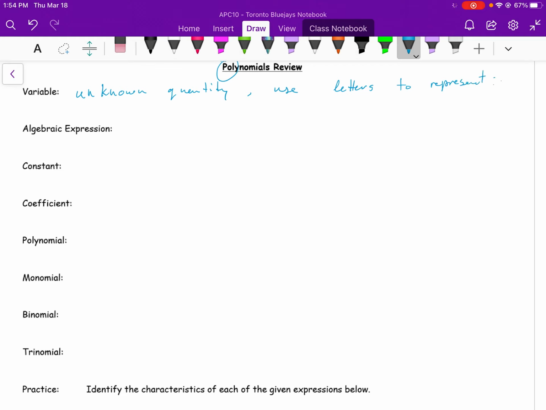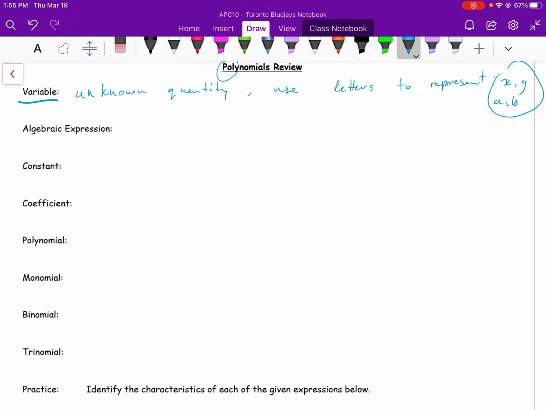Now, typically those letters are X, Y, A, B, but these are variables. And keep in mind that a variable means that it can vary. It can change. It doesn't have a fixed quantity to it.